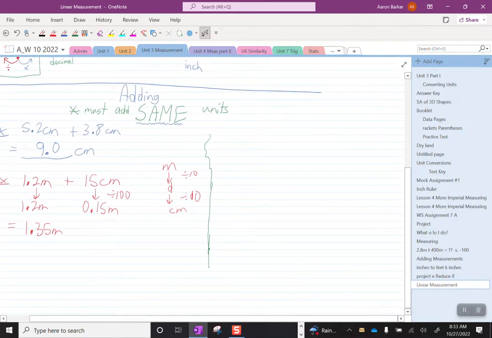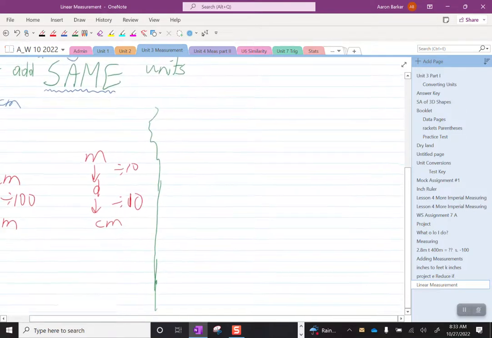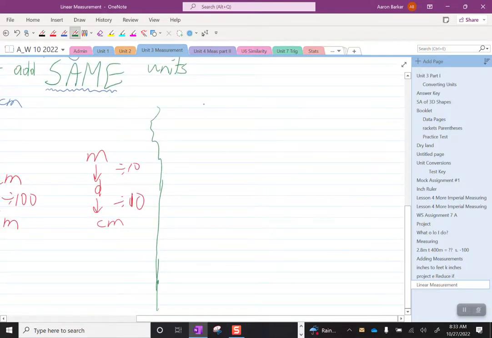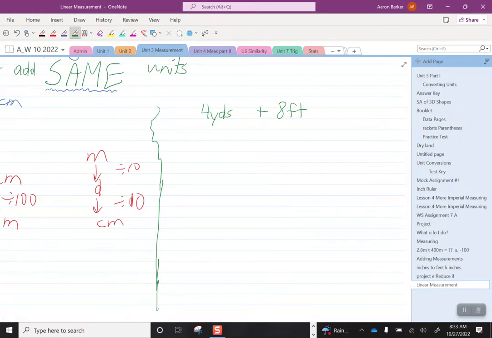So with the imperial system, if you have 4 yards and you're adding 8 feet, it's not going to work out that nicely. So you have a choice. You convert these all to feet, or these all to yards.